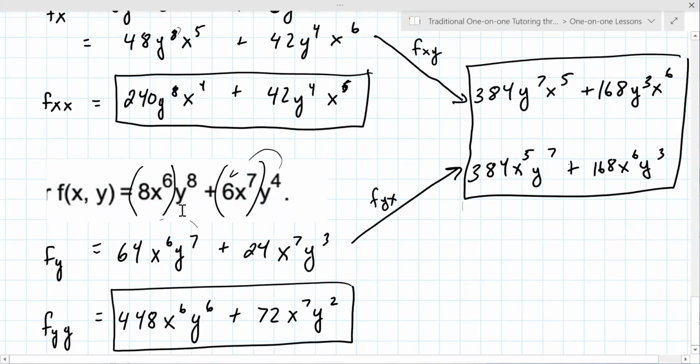The next one I didn't make any changes to because it was 8 and then 7 and then it was 4 and then it was 3. That looked good, and these ended up working out nicely. And you can actually just copy and paste from fxy to fyx. They can be exactly the same because they are.